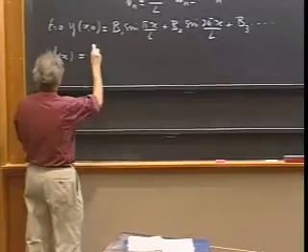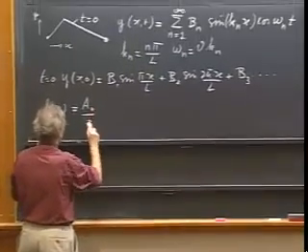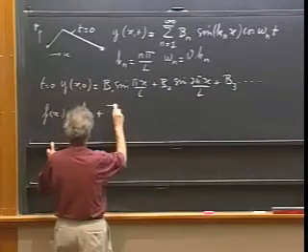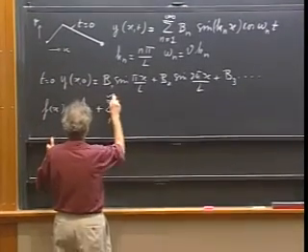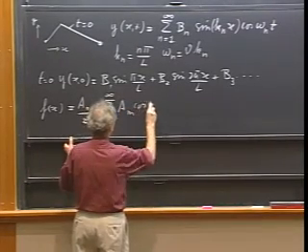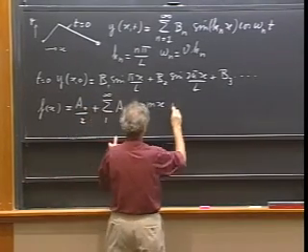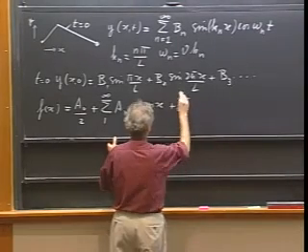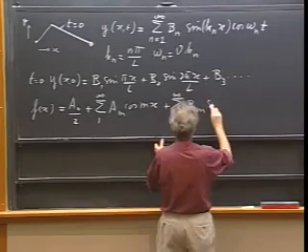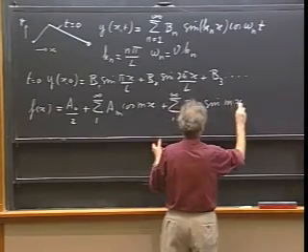So a function of x can now be written as a constant, we call it a0 divided by 2, plus the sum, 1 to infinity, of a_m cosine mx, plus the sum, 1 to infinity, of b_m times the sine of mx.